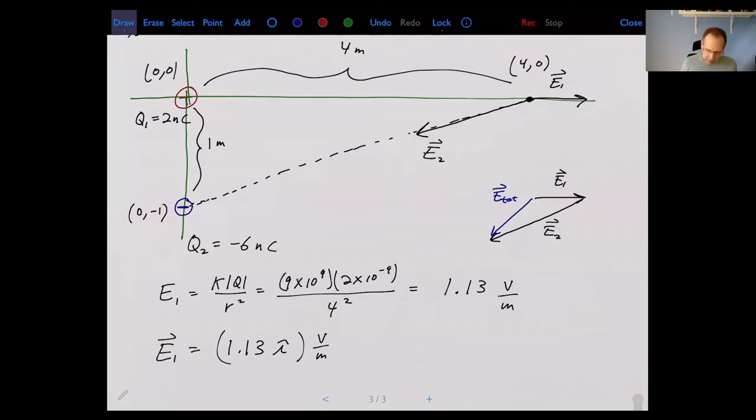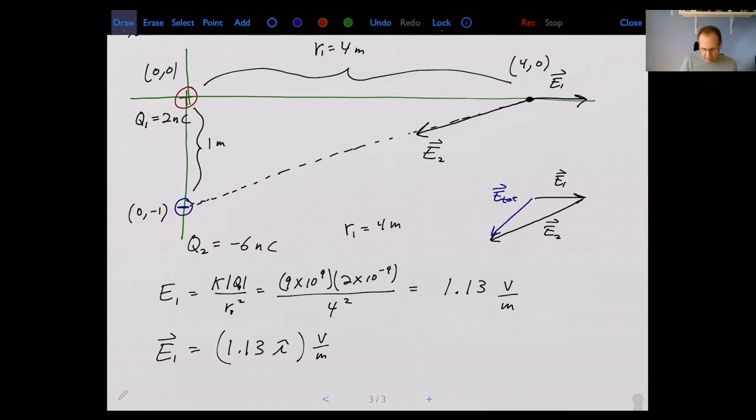Okay, now we need to figure out E2. I should be careful here. Let me write Q1 over R1 squared, where Q1 was given as 2 nanocoulombs, that's right here. And then R1 was 4 meters, because that's this distance on top here.